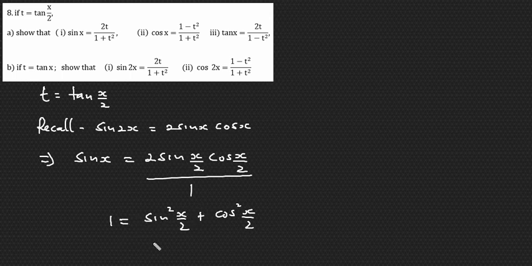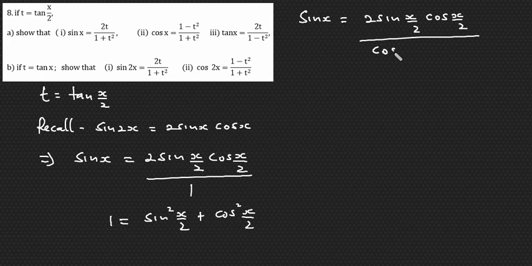So now from here I'm going to say that sin x is equal to 2 sin x by 2 cos x by 2, then divided by cos squared x by 2 plus sin squared x by 2. This is 1. I have not changed what I have.